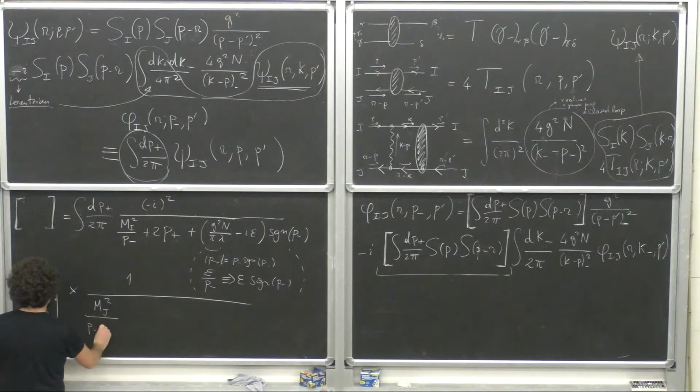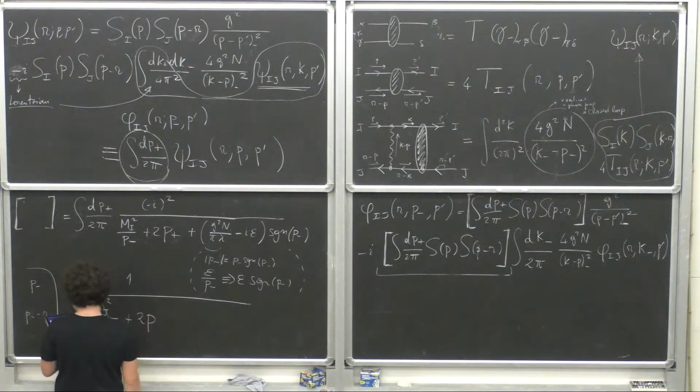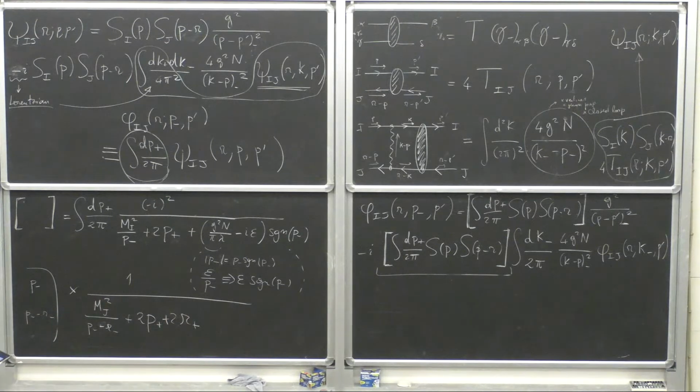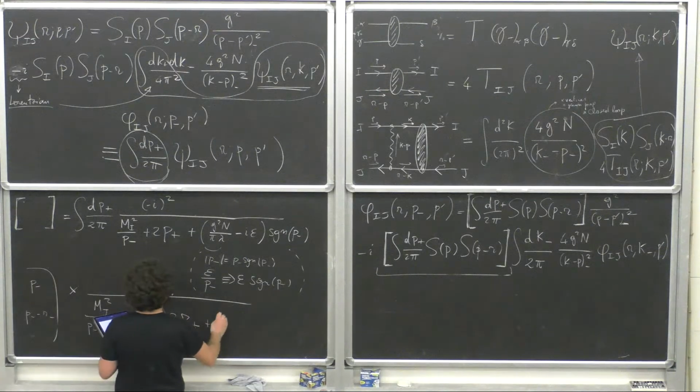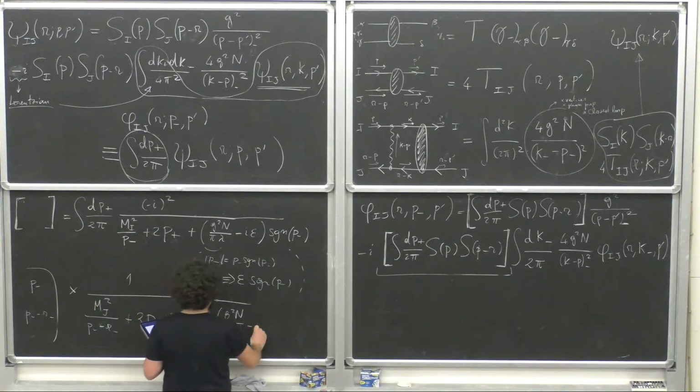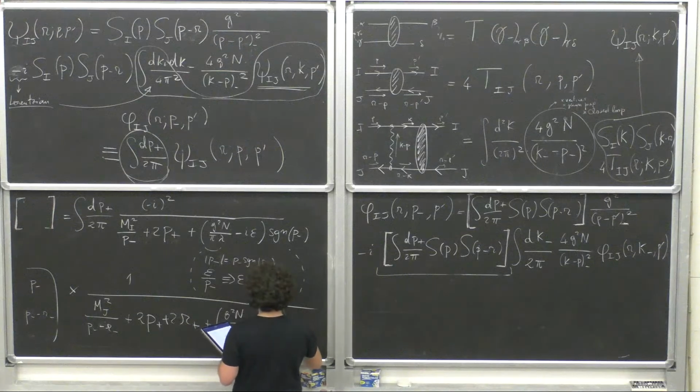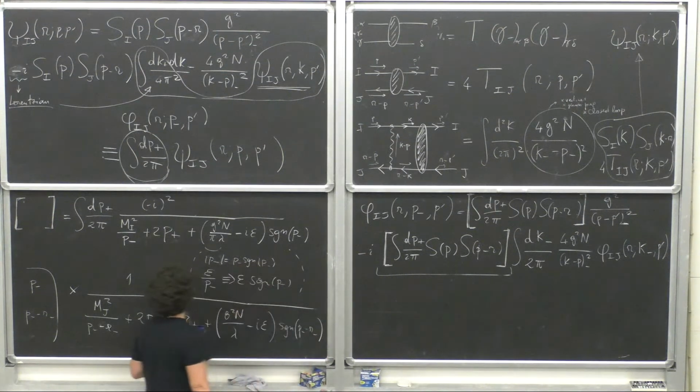We have p minus minus r minus plus 2p plus 2r plus. And now we have plus g squared n over lambda minus i epsilon times the sign of p minus minus r minus. Okay.